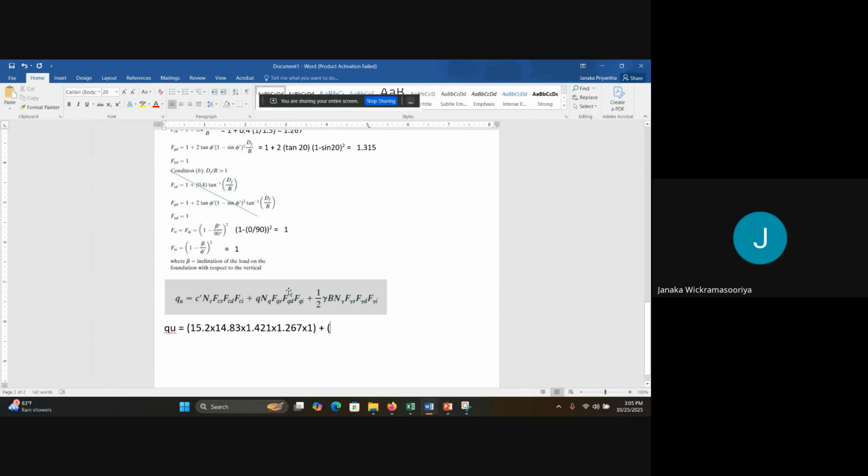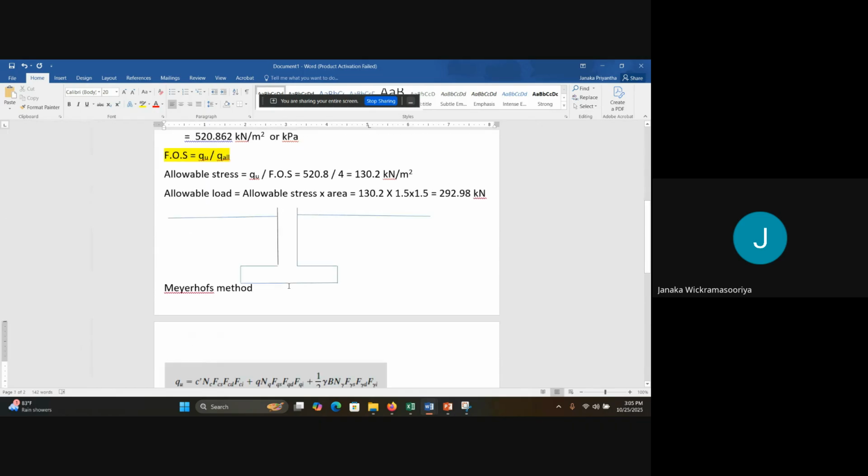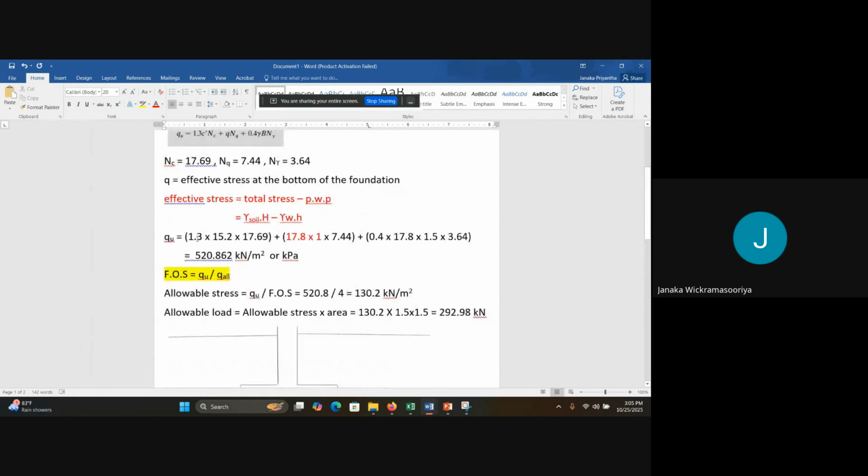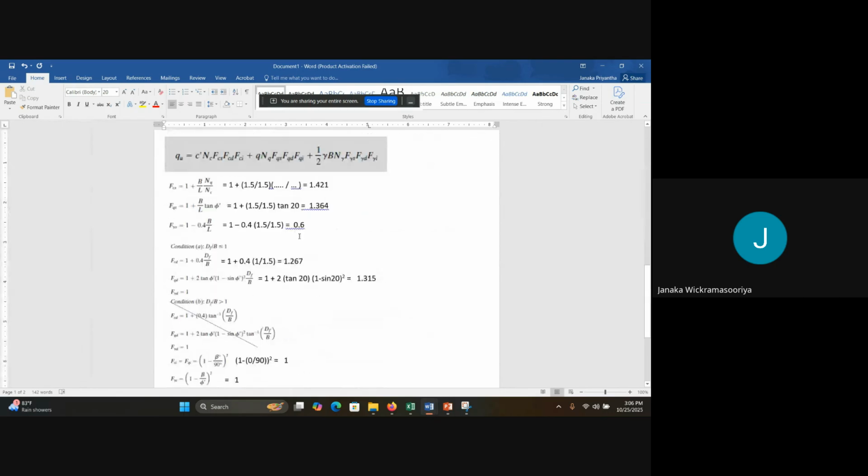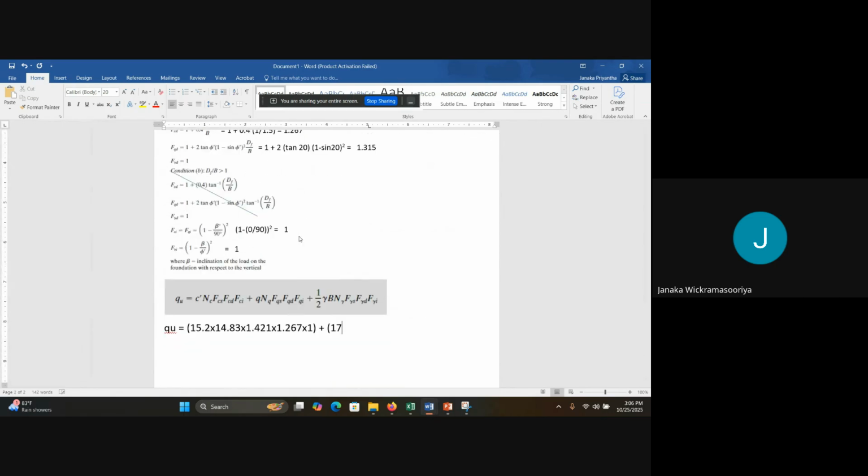Plus Q, the effective stress at the bottom of the foundation, that is 17.8 times 1, 17.8.